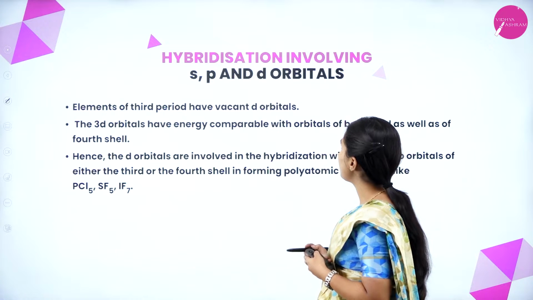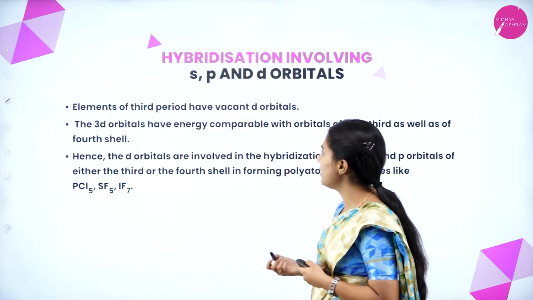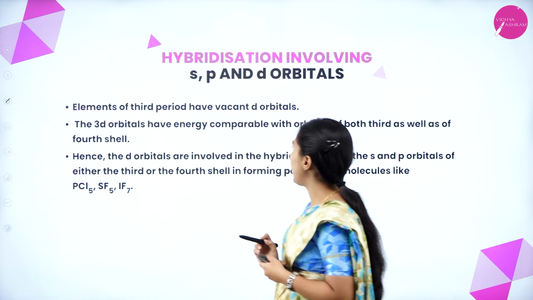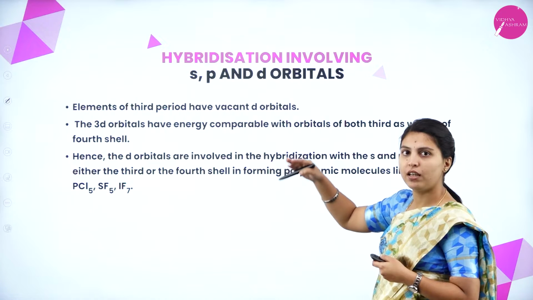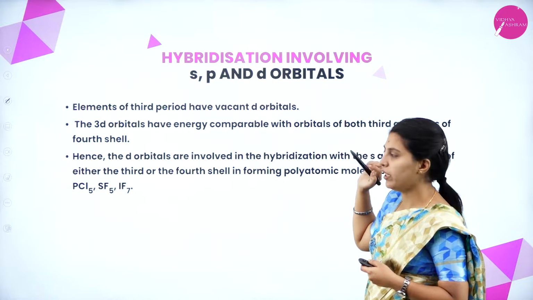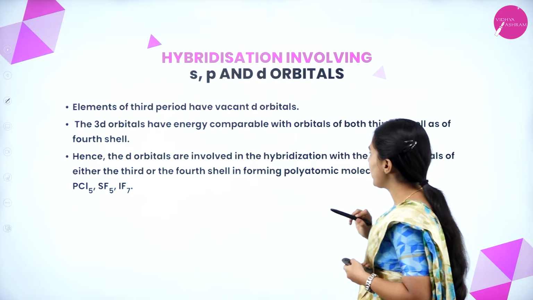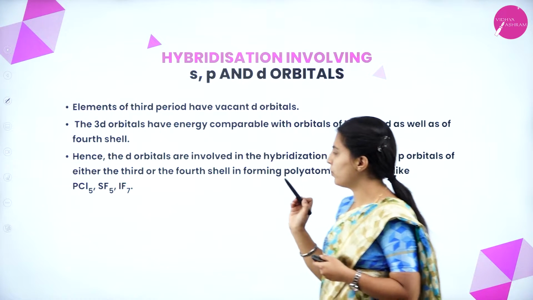Next, hybridization involving 3 orbitals, that is s, p and d orbitals. Elements of the third period have vacant d orbitals. The 3d orbitals have energy comparable with orbitals of both the third as well as the fourth shell.